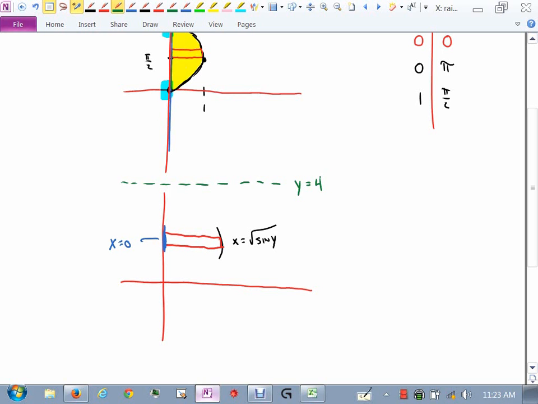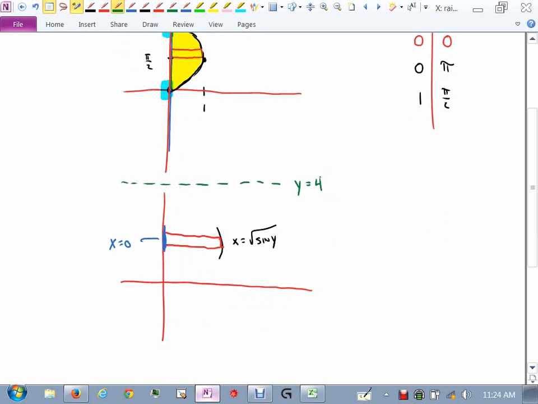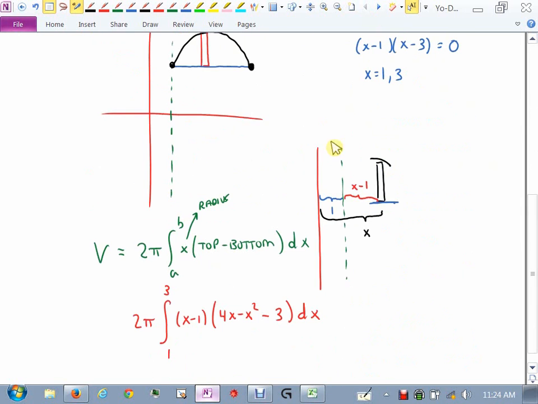Okay, so let's talk about this radius. It's going to be a little tricky. I always like to start by figuring out the distance. Well, in the previous problem, we started out by finding the distance between the y-axis and our rectangle, right?